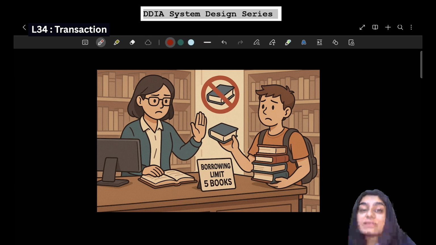The library's state should always obey this particular policy. In database terms, the transaction that would let a member borrow a 6th book would be rejected or rolled back to keep the data consistent with the rules.